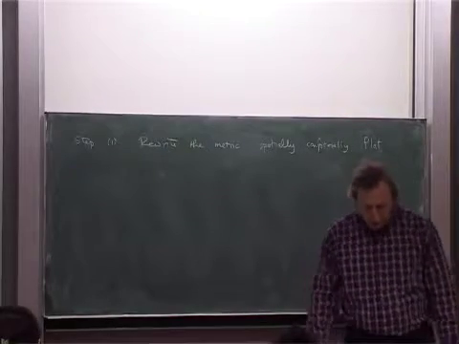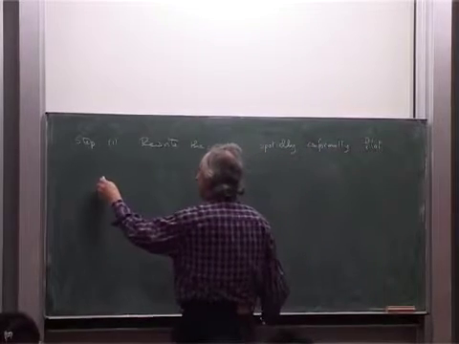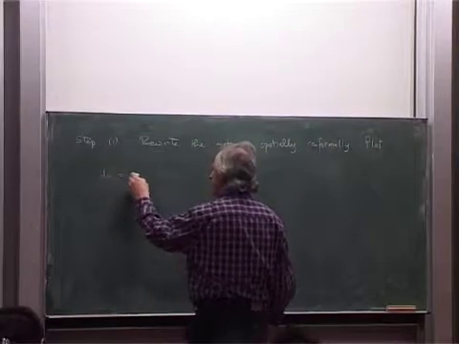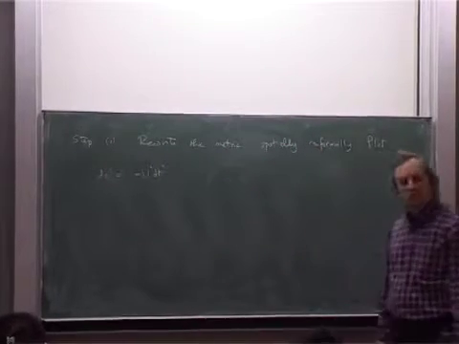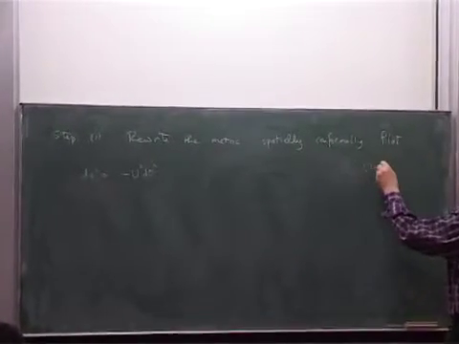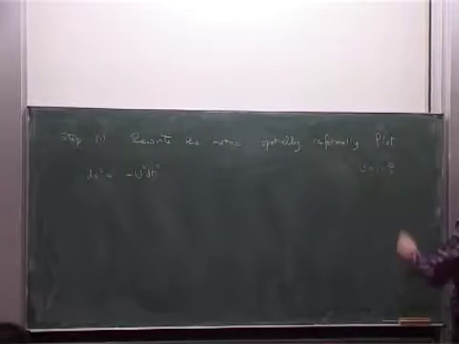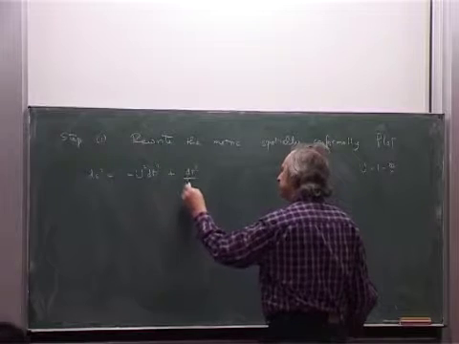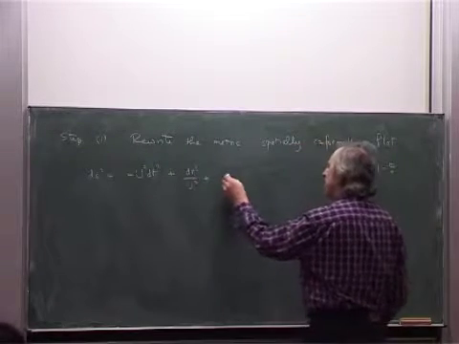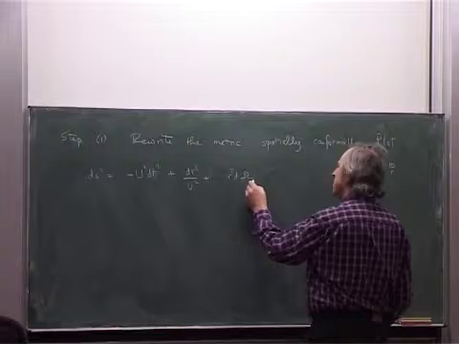So I want to start off with a metric which looks like ds squared is minus u squared dt squared. So I'm going to write it as explicitly u squared, where u is equal to 1 minus m over r, plus dr squared over u squared, plus r squared d omega squared.